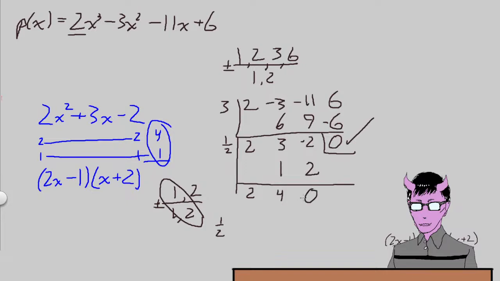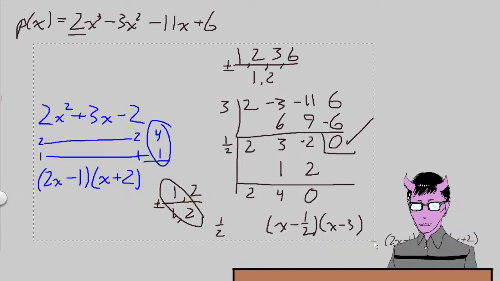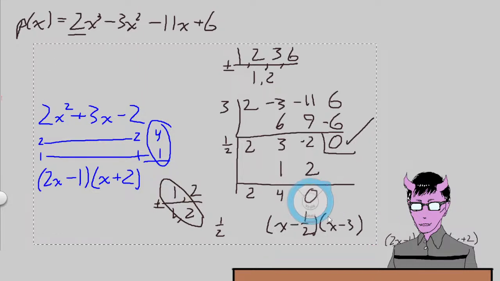That's very nice. Alright, so what does this mean for us? It means that this 1/2 is actually a 0, and because it's a 0, you can convert it into a factor. And I'm just going to keep reiterating that the factor is x minus 1/2. Put that together with the 3, and the 3 as a factor becomes x minus 3. Okay? And now, at this stage, it might look a tiny little bit strange.